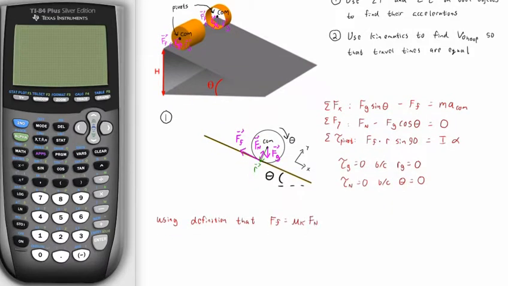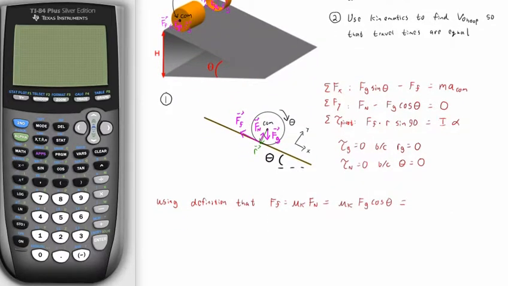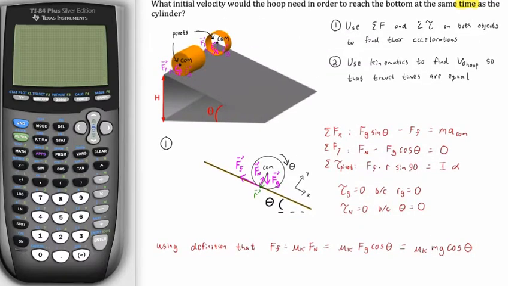And then we have mu k Fg cosine theta from the sum of forces in y. And so then that's going to be mu k m g cosine theta is our friction force. Okay, so then we'll be well on our way to calculating our acceleration and so on.